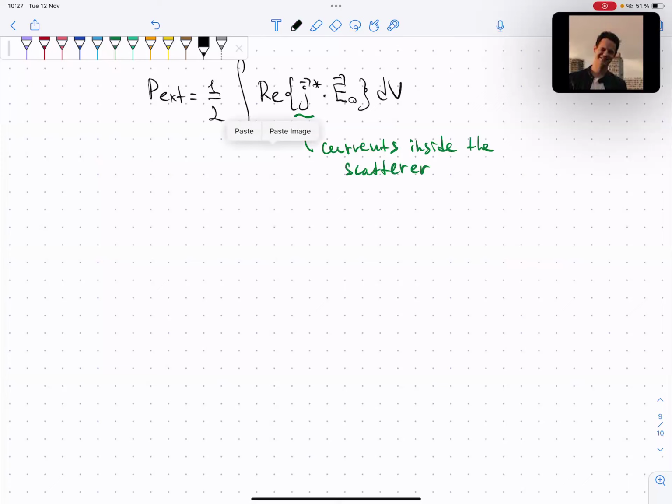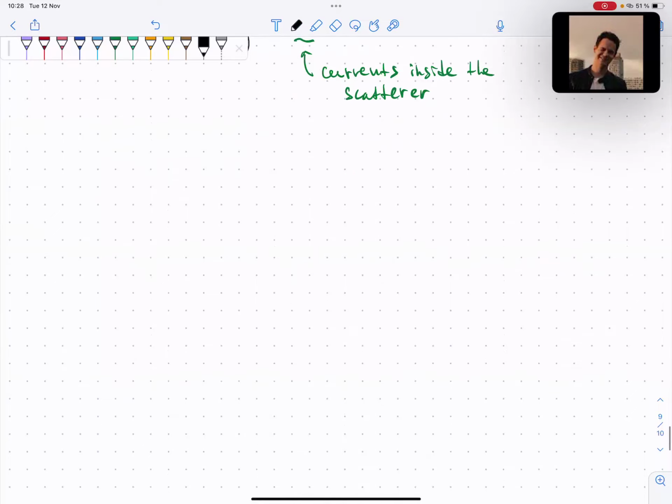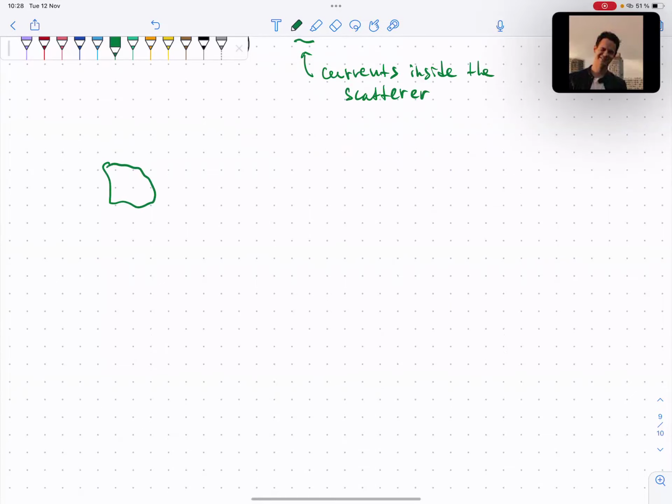And we will be able to show this from the thing called the reciprocity theorem. So for example, let me consider two different current distributions, J1 and J2.